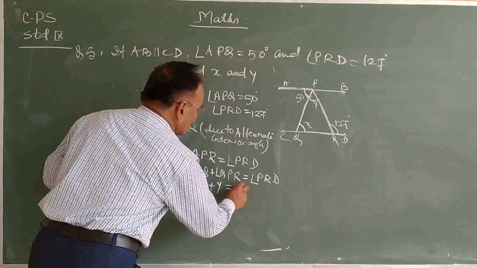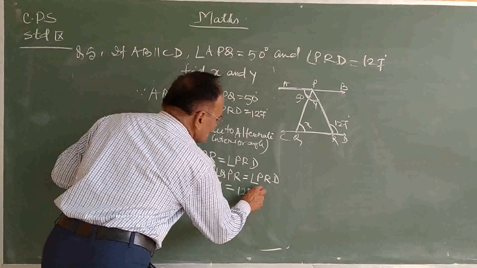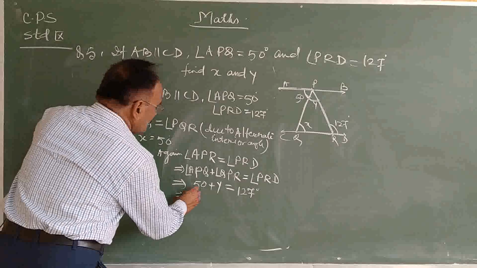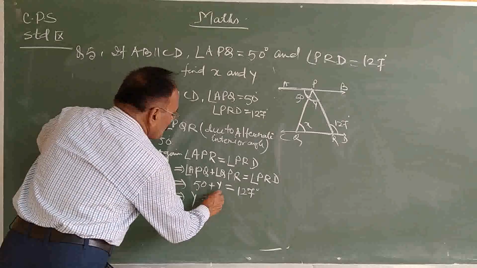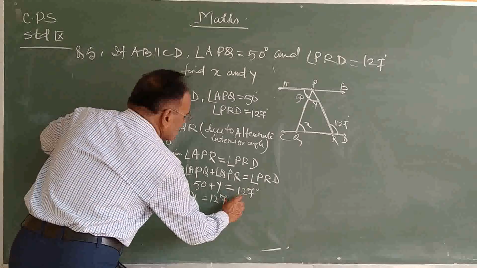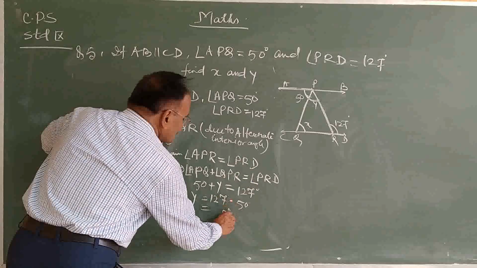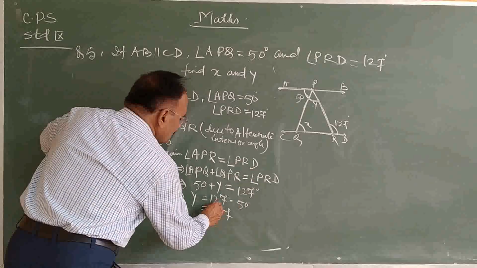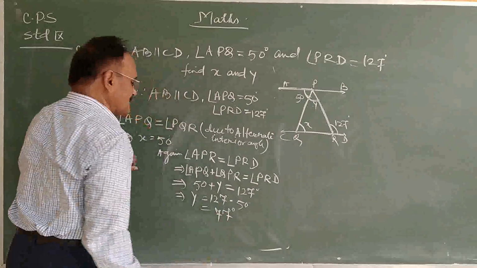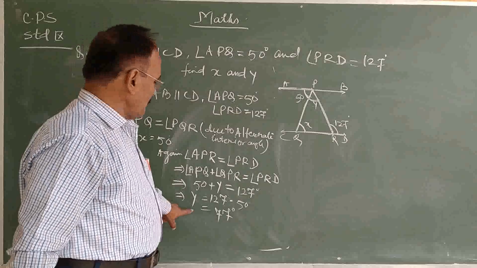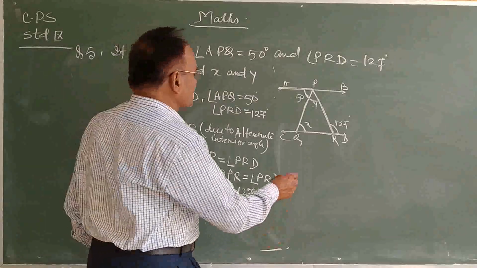PRD is equal to 127 degrees. It is given in your question. This implies Y is equal to 127 minus 50 degrees, and this is 77. So the value of Y is 77 degrees.